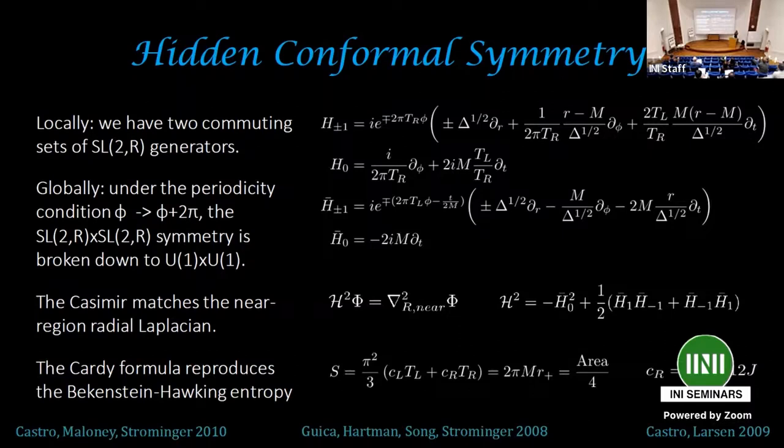Okay. So the Casimir matches the near region radial Laplacian like we wanted. And furthermore, you can take these temperatures, which are known for Kerr.